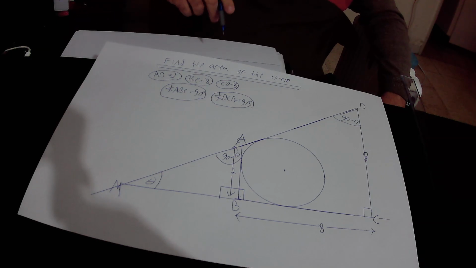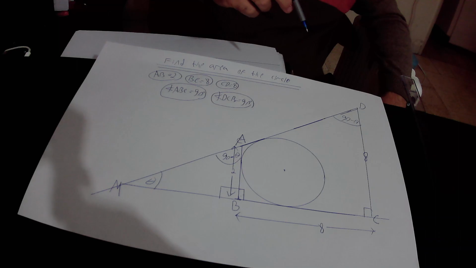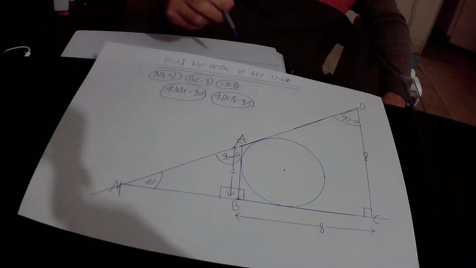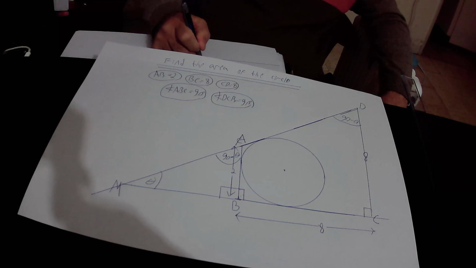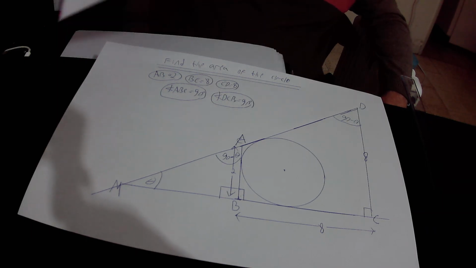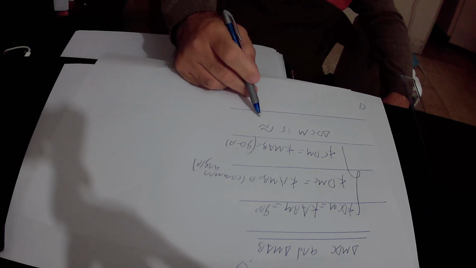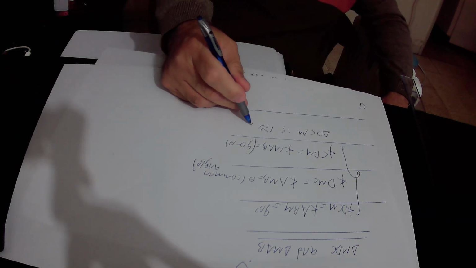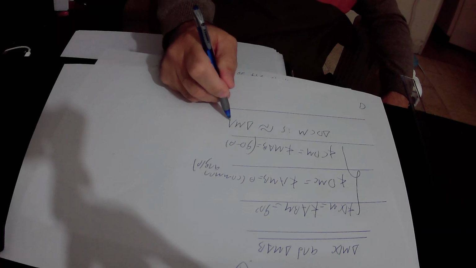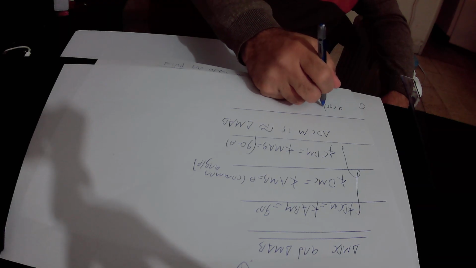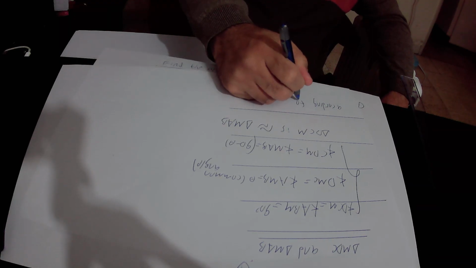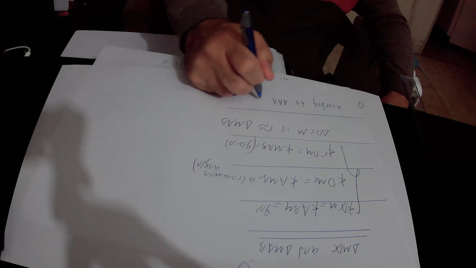Therefore, we actually proved that the big triangle MDC is similar to the small triangle MAB, according to the angle similarity rule.